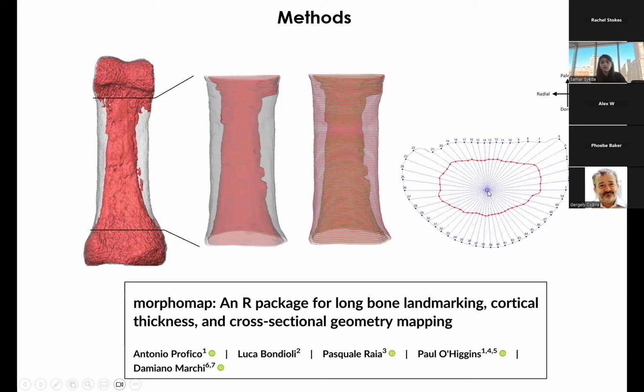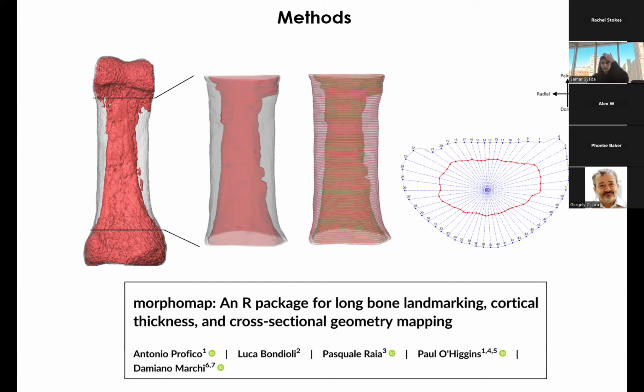Once those landmarks are placed, from the center of the bone you shoot out rays outwards towards the outer and inner surface, and cortical thickness is calculated at each point as the length of the segment between the outer and inner shell.